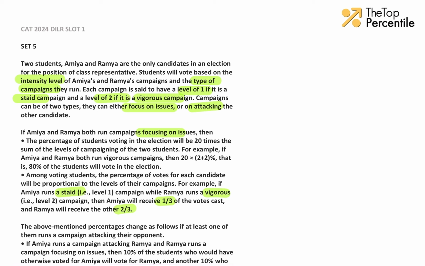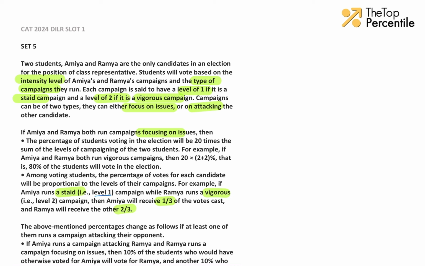So yeah, I understand if the data is a bit intimidating to you right now. So what we can do is consolidate this piece of data into a table. We can take two parameters here as of now, because up till now we have talked about intensity level, right?